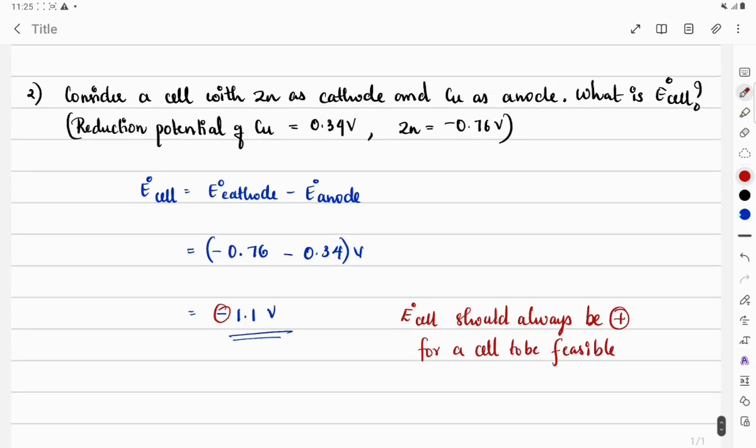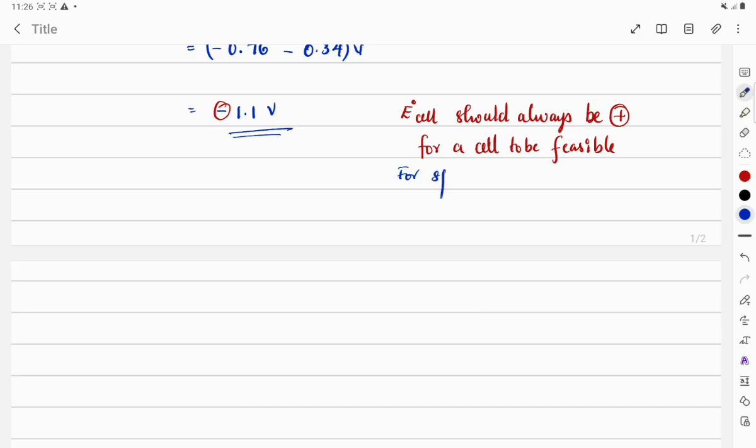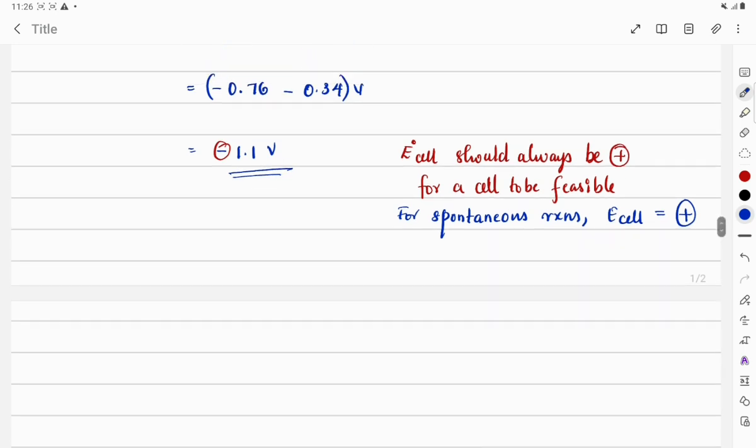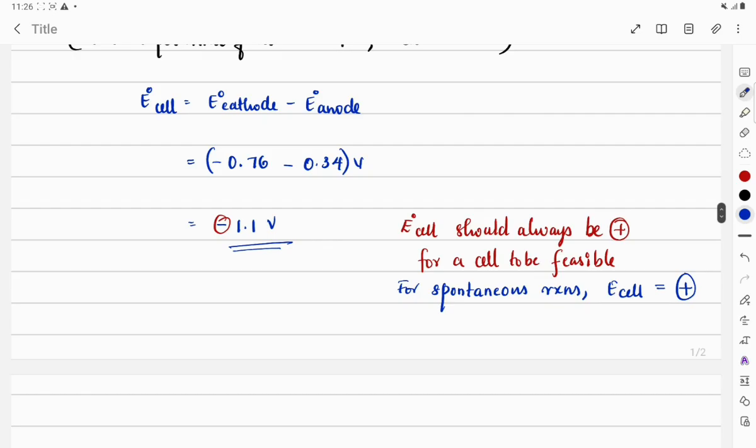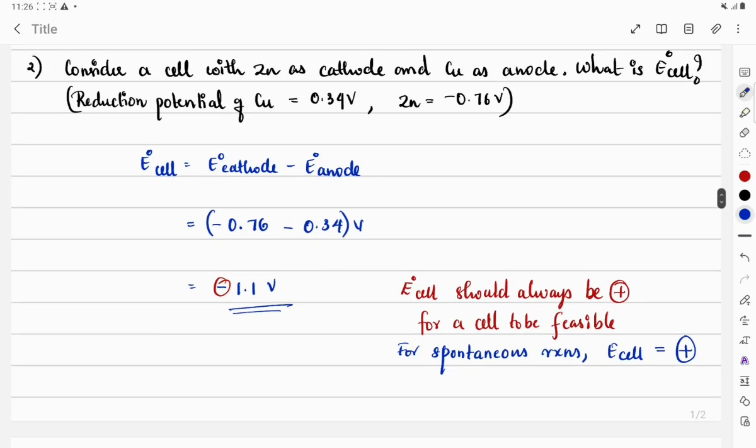So for spontaneous reactions, E cell should be a positive value. Which means that if E cell is a negative value, then that cell is not feasible. So in this question, as you can see, since we have a negative cell potential, this is not a feasible cell.